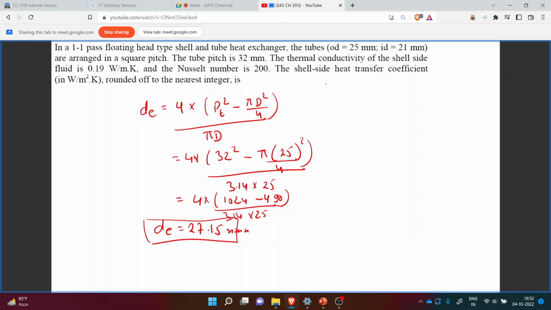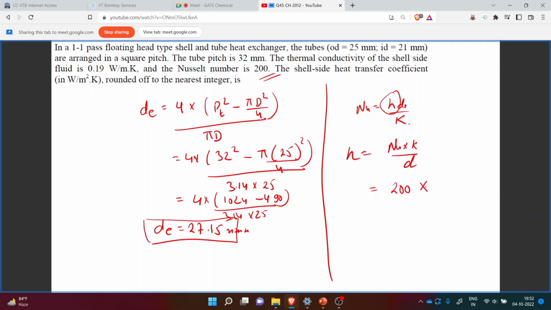Now once we have this diameter, we can use the Nusselt number formula. This Nusselt number is equal to H d upon K. We have to find the shell side heat transfer coefficient. So this will become H is equal to Nusselt number into K upon D. The Nusselt number we have been given as 200, into thermal conductivity, it is 0.19, and the diameter we found out as 27.15 mm.